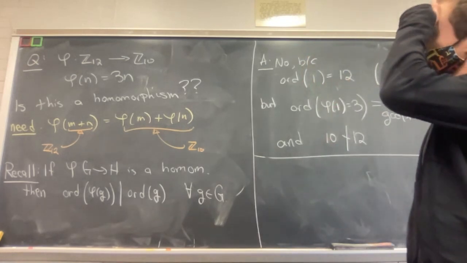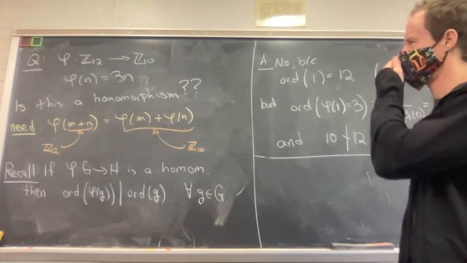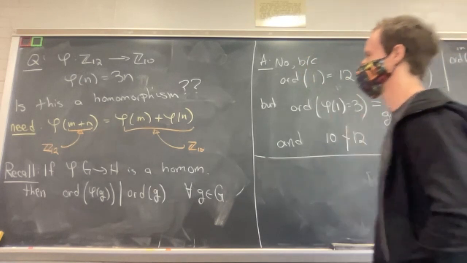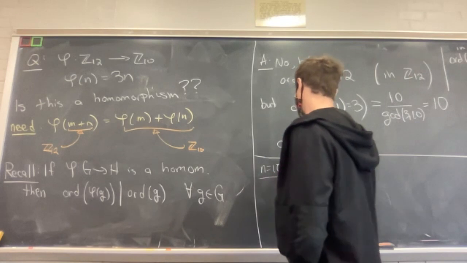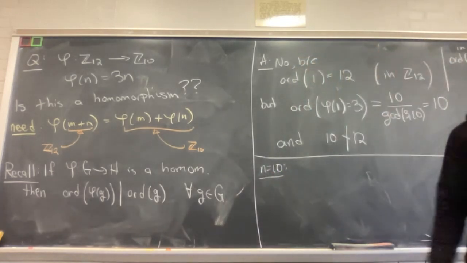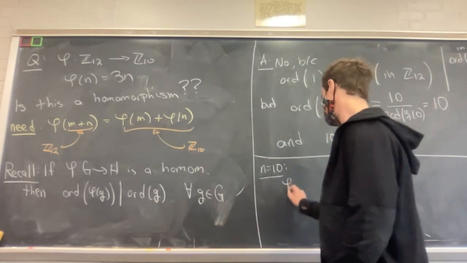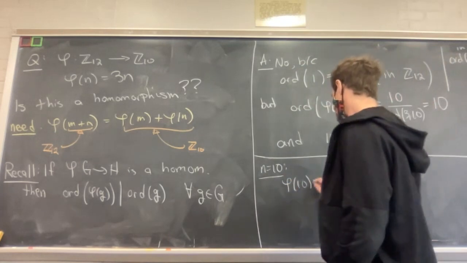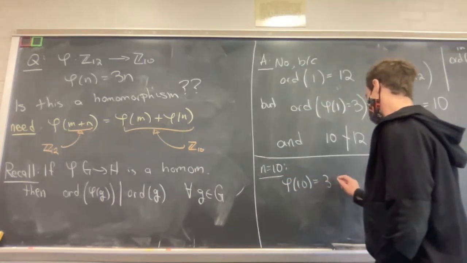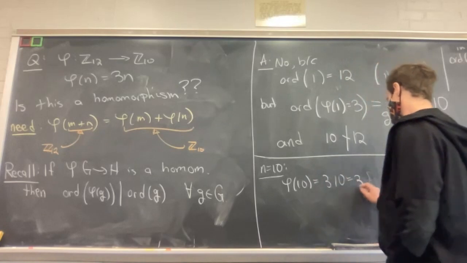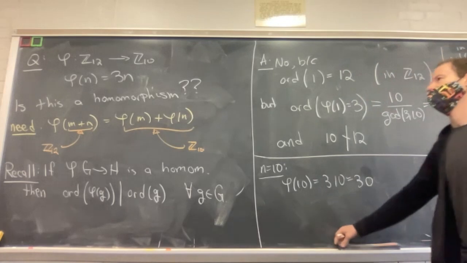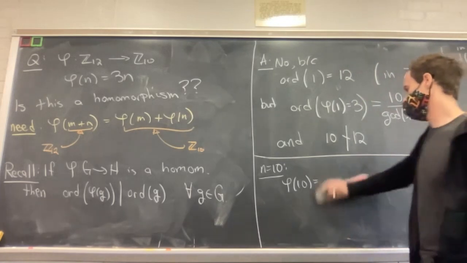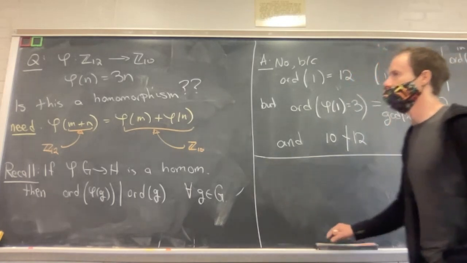I'm all discombobulated. Let's set n equal to 10. Then phi of 10 is the same thing as 3 times 10, which is 30. Wait, no, never mind. I'm blowing it over here.